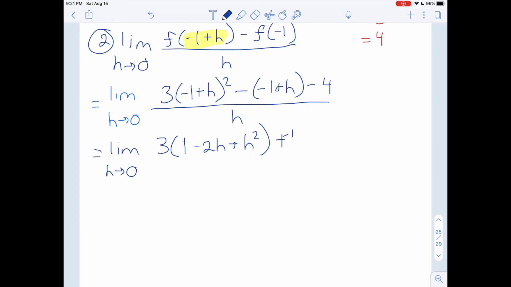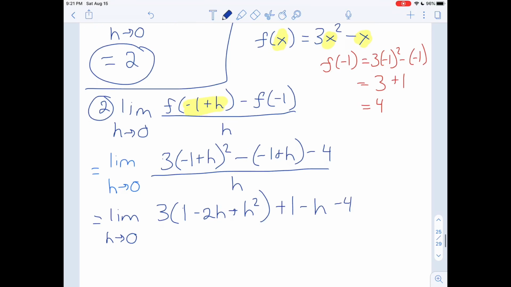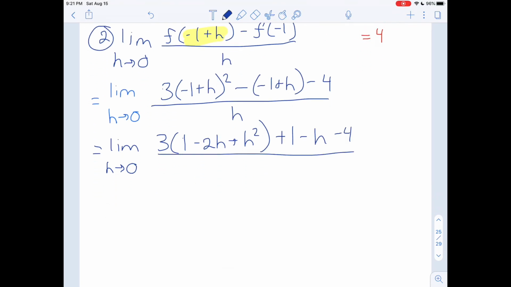So that gets me plus 1, minus h, and I've got this minus 4. All of that is still over h.